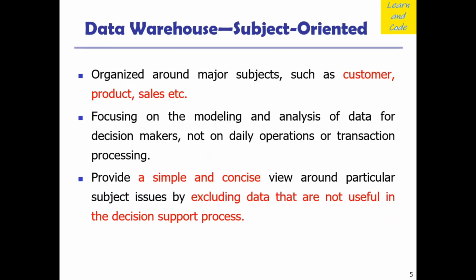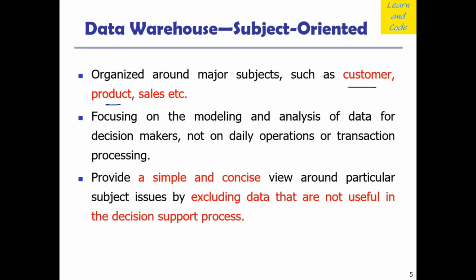Okay, one is subject oriented. This data warehouse is actually created around major subjects. One of the subjects may be customer. So subject oriented means we are organizing our data in the data warehouse around different major subjects.